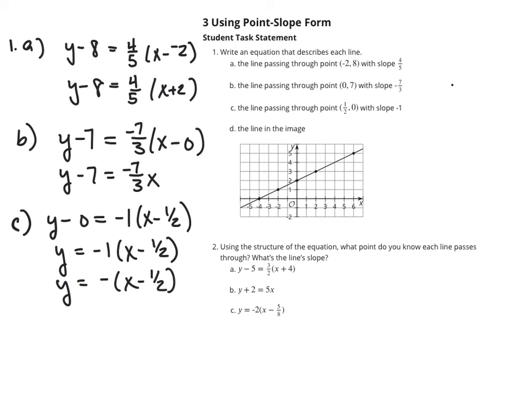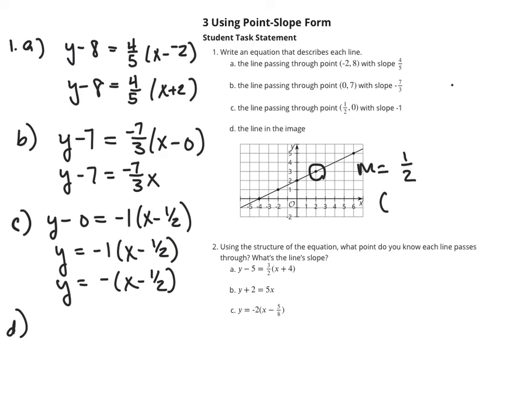And you actually don't need that negative there, right? And then the last one, the line in the image. So the slope of this line looks to be a rise of 1 and a run of 2. So slope is 1/2, and it can go through any of those points. I can use any of them. Okay, let's go ahead and use this one because I like positive.